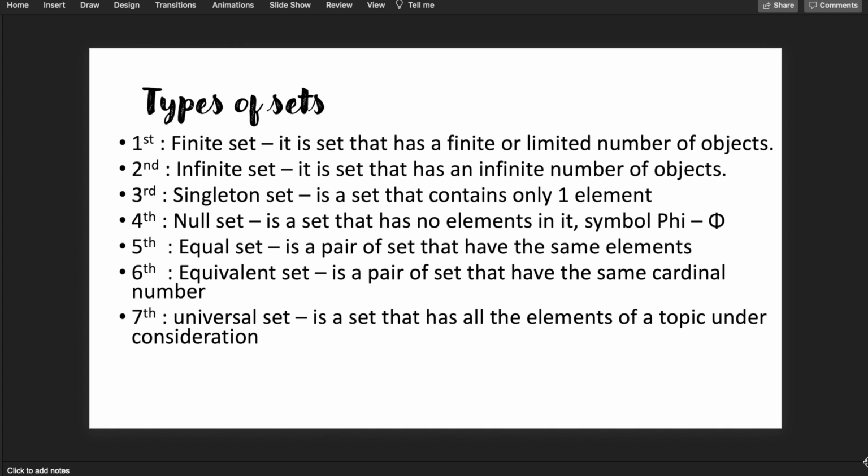There are many examples. They can also be finite universal sets, for example, x such that x is a member of natural numbers where 2 is less than or equal to x is less than or equal to 15. Those are the numbers under consideration.